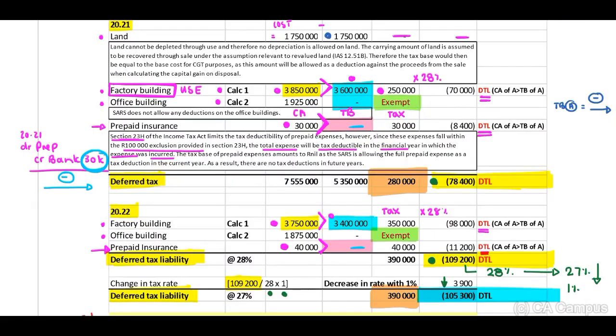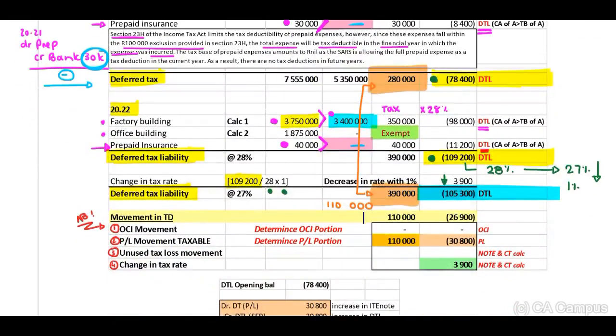Therefore, do you see that there is a movement in terms of our taxable temporary difference to the value of 110,000? There's a movement of 110,000. Therefore, the movement is 110,000.